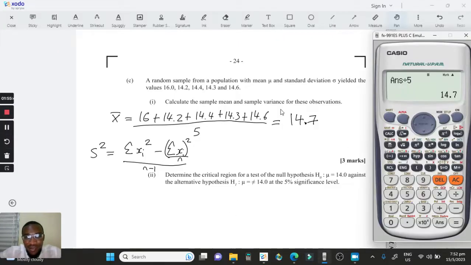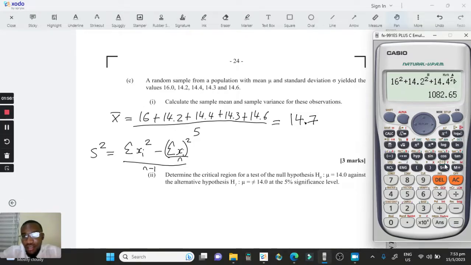So now continuing, working this out, this is 16 squared plus 14.2 squared plus 14.4 squared plus 14.3 squared plus 14.6 squared.